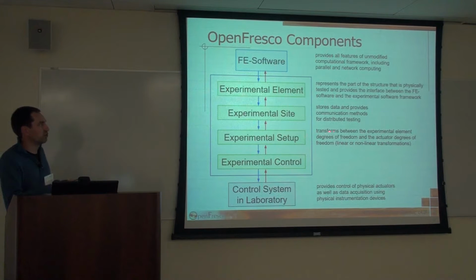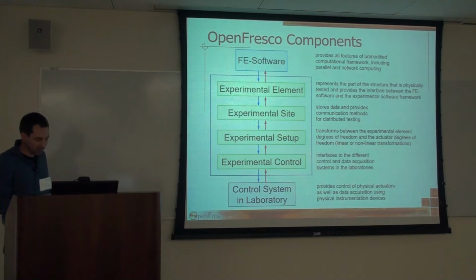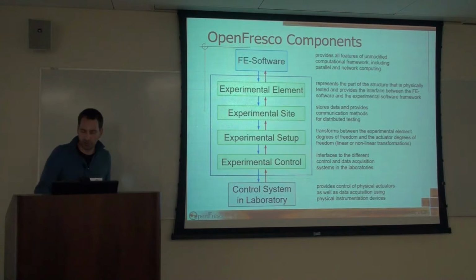And it is responsible for transforming degrees of freedom from typical element degrees of freedom to actuator degrees of freedom. And Sean already talked about this quite a bit. These transformations can either be done in a linear or non-linear fashion. And then finally, we have the abstraction of the experimental control. And that's really there to directly interface with whatever controller you have in your laboratory.